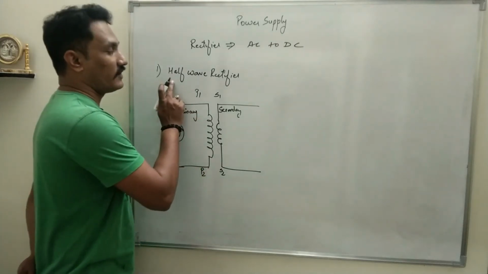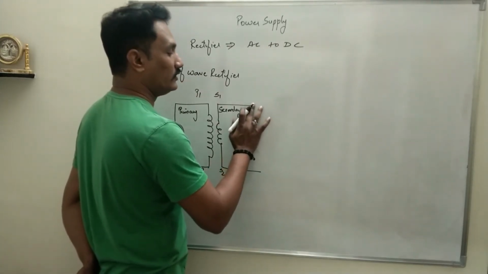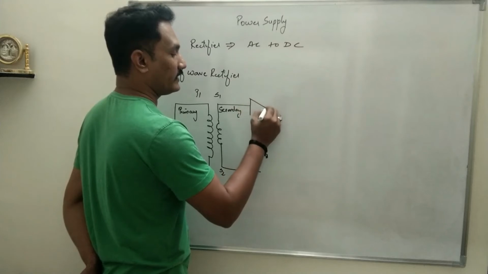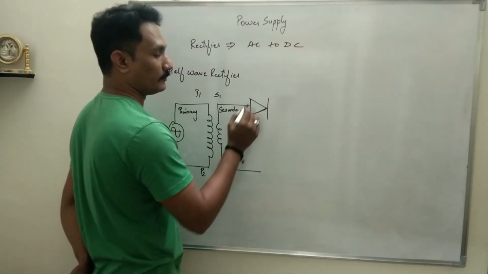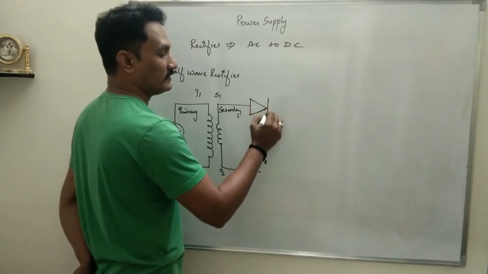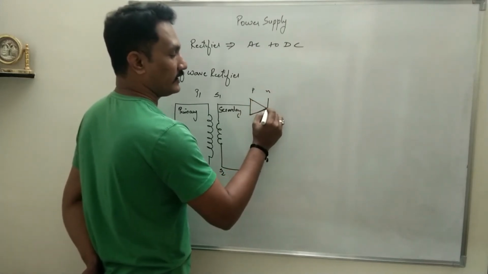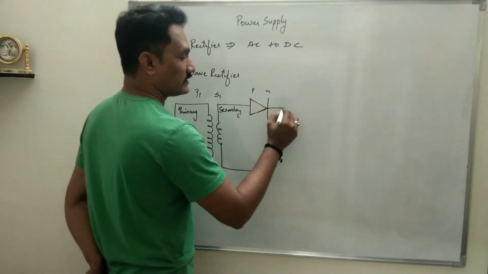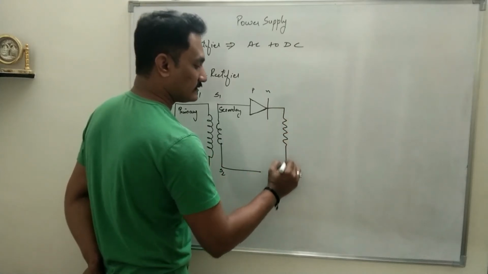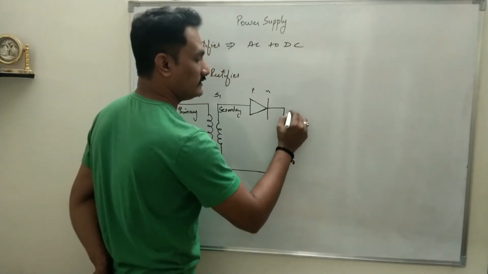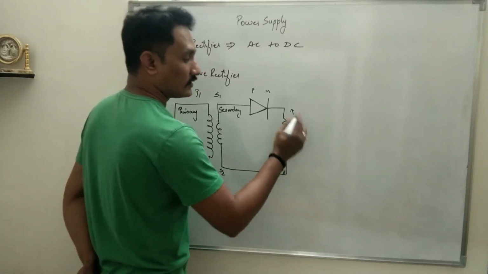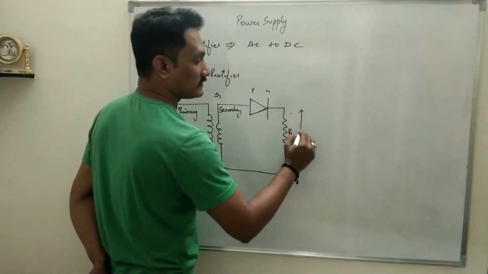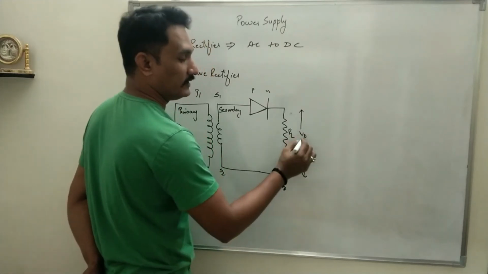In a half wave rectifier, we will connect a PN junction. I hope you understand the symbolic representation. This is the P region, this is the N region. This PN junction is connected in series with an output resistance across which the output voltage will be taken.